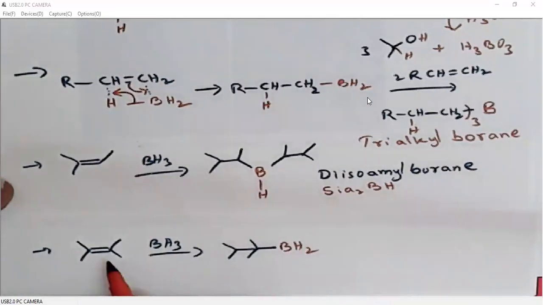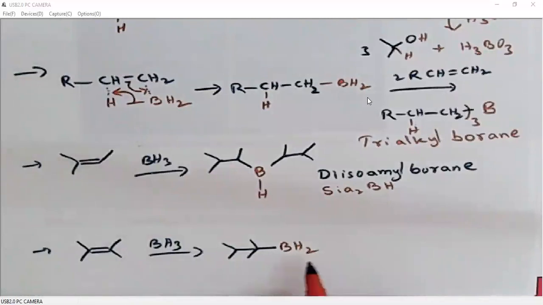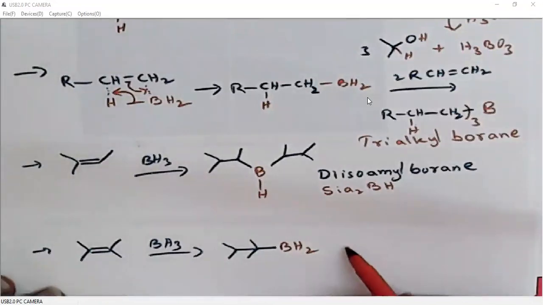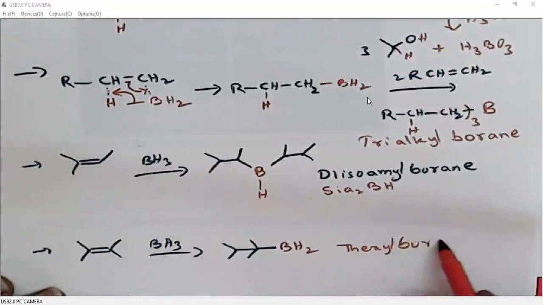That means only one double bond will be reduced, because of the steric crowding, the boron cannot reduce one more such double bond. So here we will get a monoalkyl borane. This is called thexyl borane, or in short, ThxBH2.